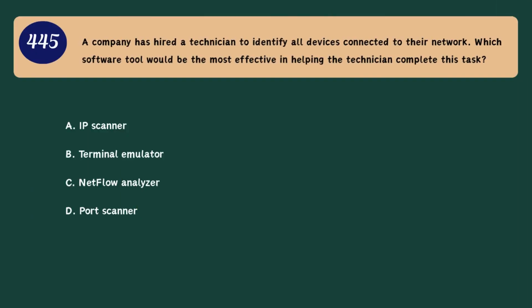Question 445. A company has hired a technician to identify all devices connected to their network. Which software tool would be the most effective in helping the technician complete this task? A. IP scanner. B. Terminal emulator. C. NetFlow analyzer. D. Port scanner.